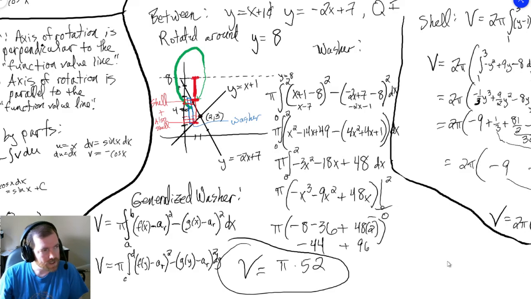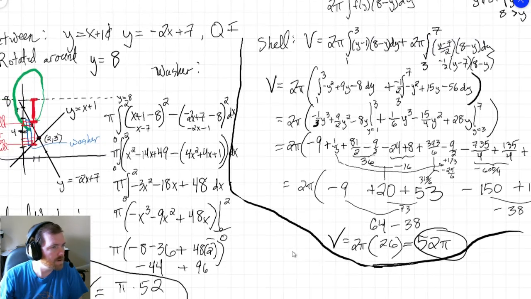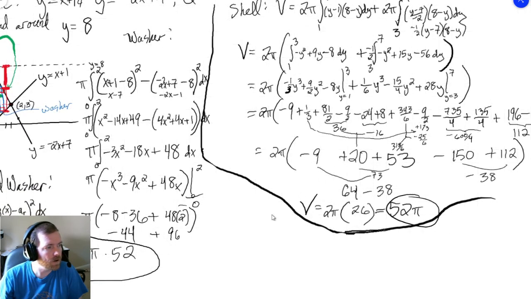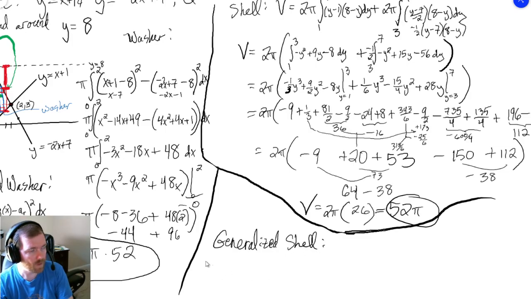Right, and then we could also do the same for the shell method. So here we said that we were going to take our volume equals 2 pi times the integral from a to b, whatever direction we're doing here.